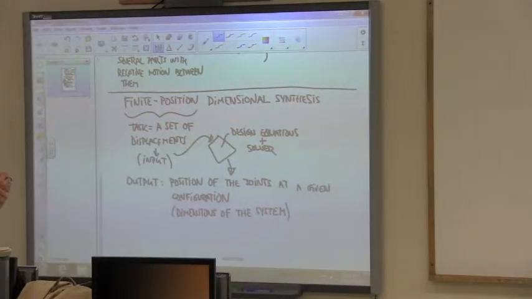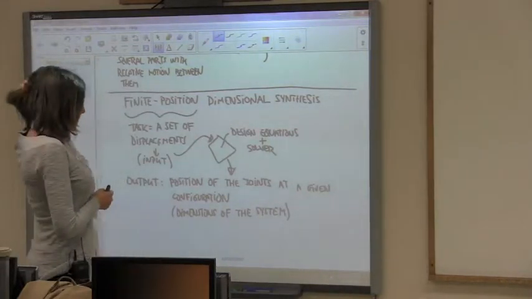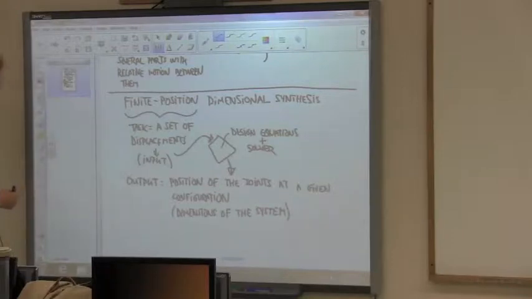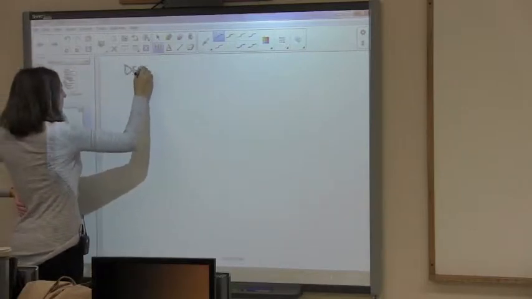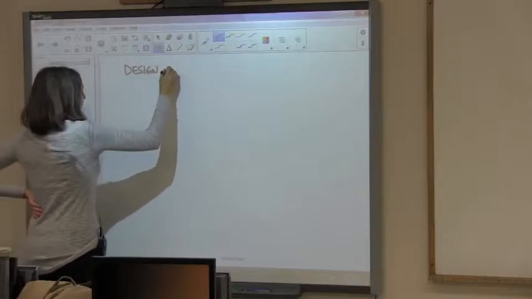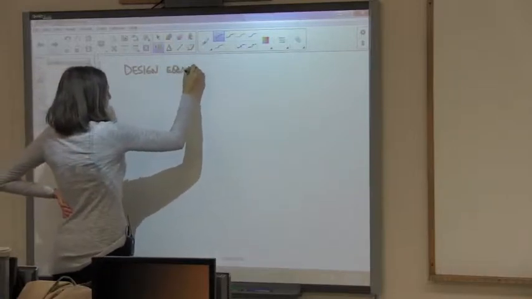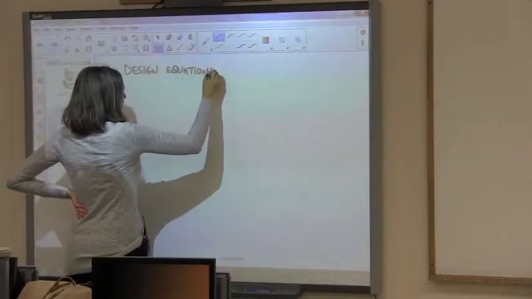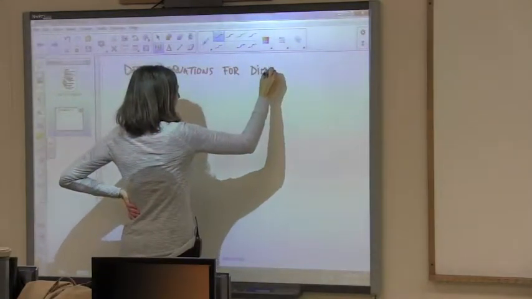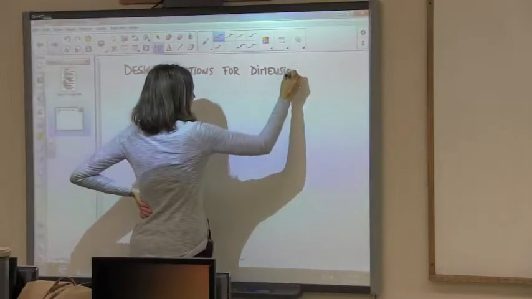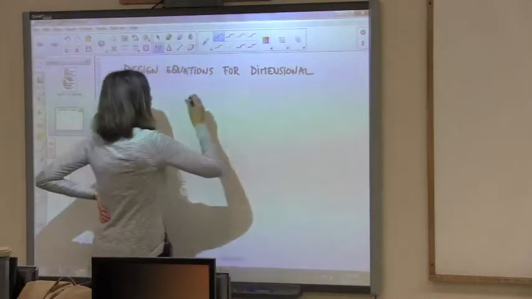So let's talk first about the design equations that we are going to use and then we will talk about how to solve them. Both problems are challenging. Let's do design equations for dimensional synthesis.